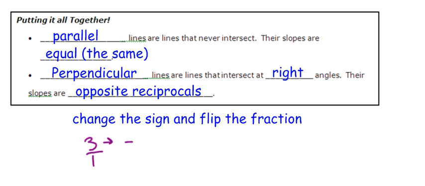So flip that around. So the opposite reciprocal of 3 is negative 1 over 3. So the opposite reciprocal of negative 4/7 is positive 7 over 4. I changed the sign and flipped the fraction.